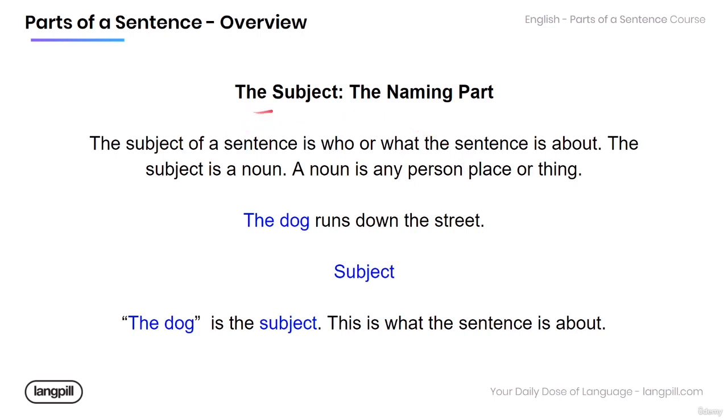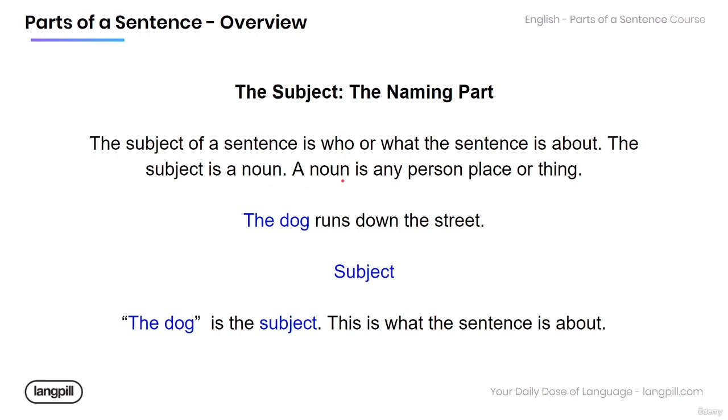Now let's go into detail about these parts. First, the subject. Okay? The subject is the naming part, we can call it. The subject of the sentence is who or what the sentence is about. And the subject is going to be something called a noun.